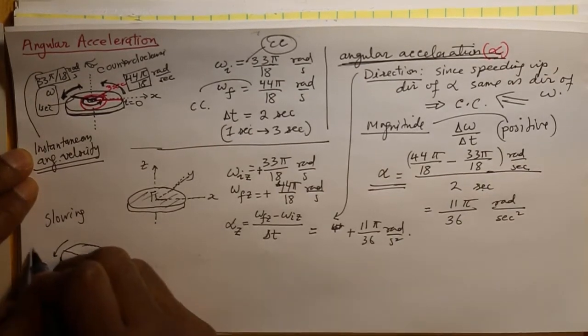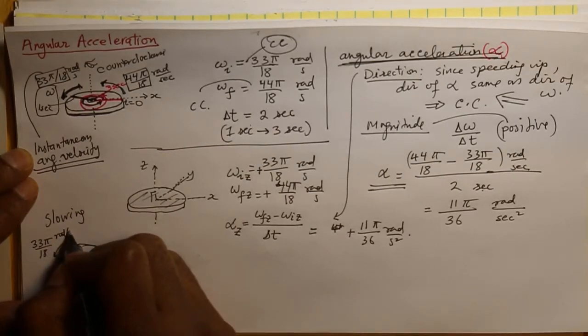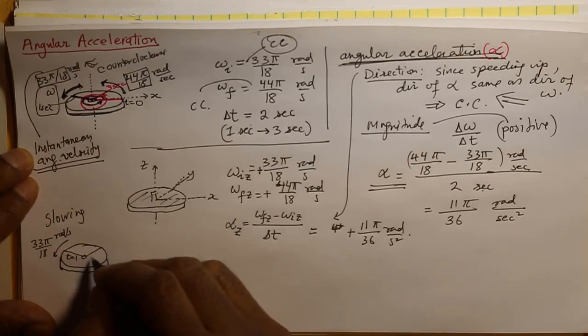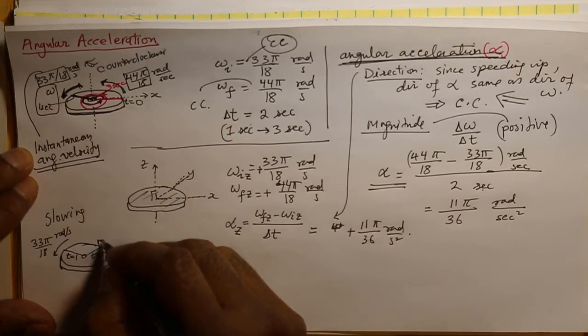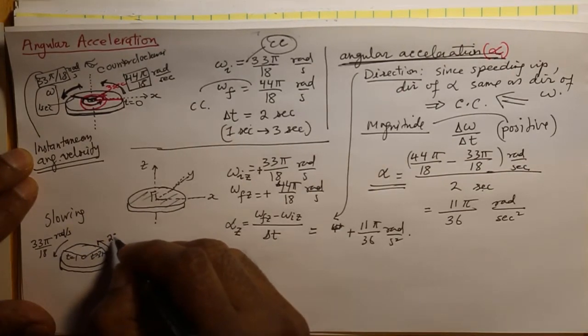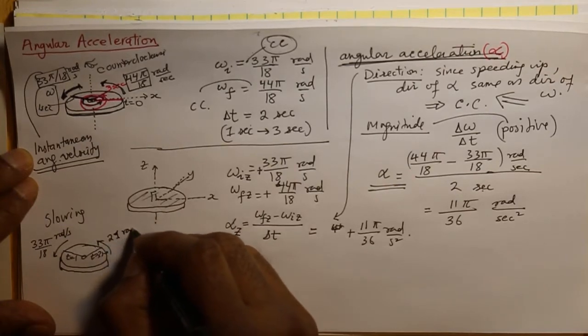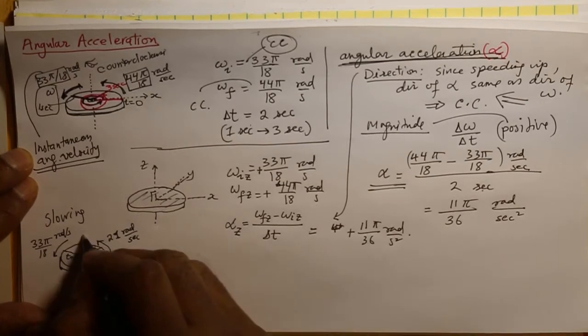Maybe this is still 33 pi over 18 at the T equals 1 second mark. Maybe this T equals 3 second mark, but this time it is actually 20. Let's say 21 radian per second. So clearly it's slowing down, right? The rotation is slowing down.